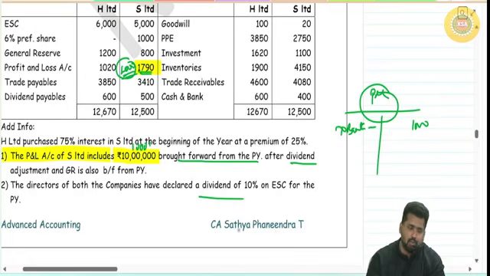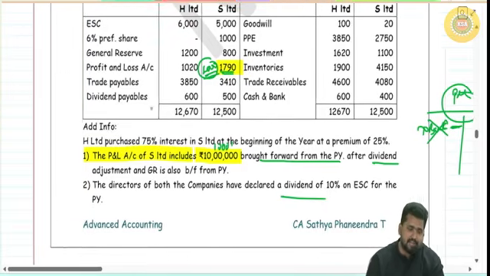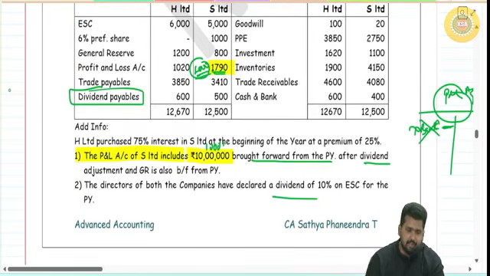So 1000 is what we are having, correct? That is the P&L account, and this 1000 is after the dividend adjustment. So once again in P&L don't write dividend, because this 1000 is after adjusting the dividend. That's why the dividend payable account is visible here.